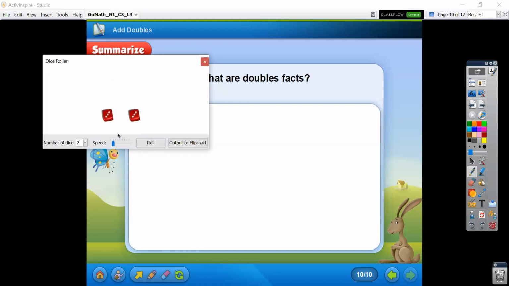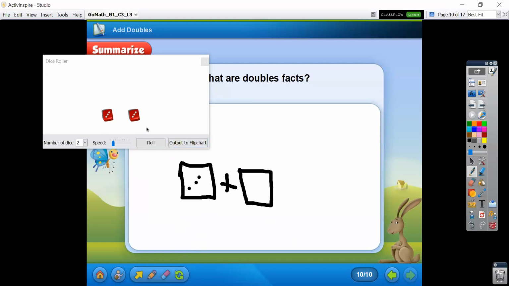There we go. We got a doubles fact using 2 of our dice. So I can draw that down here and go 1, 2, 3, plus, here's my other one, exactly the same. 1, 2, 3 equals, and we got 6 altogether.